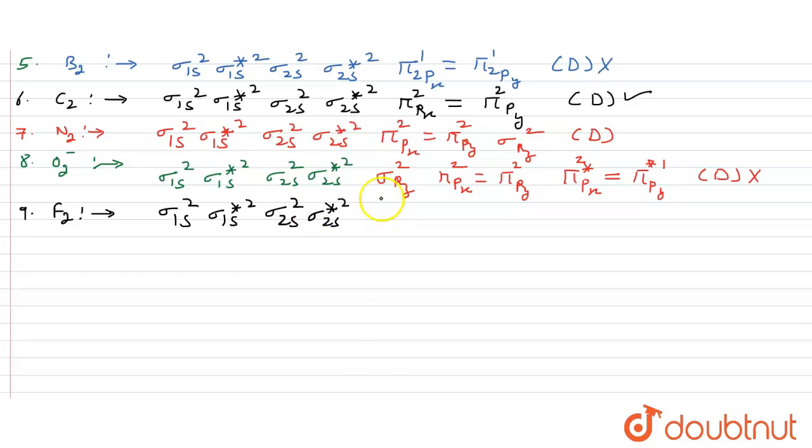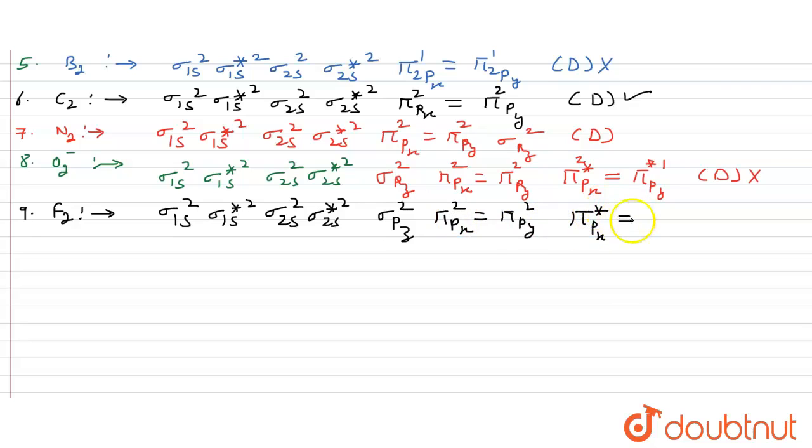And here because there is no sp mixing, sigma comes first, so sigma pz2, pi px2 equals pi py2, so total becomes 2, 4, 6, 8, 10, 12, 14, right?